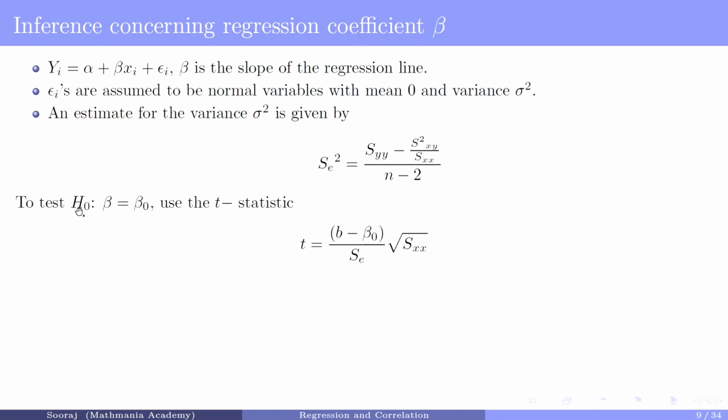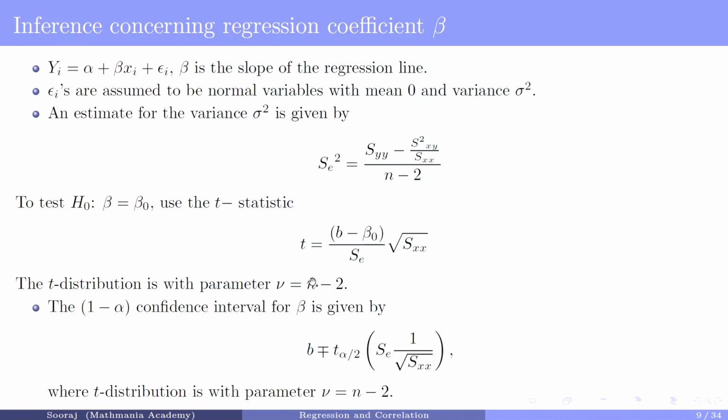Now the hypothesis test: we expect the slope of the regression line to be something like this, for which we use the test statistic, that is b, which we will have to estimate from the given data, minus b naught, whether beta is the same as this b naught, upon Se multiplied with the square root of Sxx. And here also we have n minus 2. So this is a t distribution with parameter n minus 2.